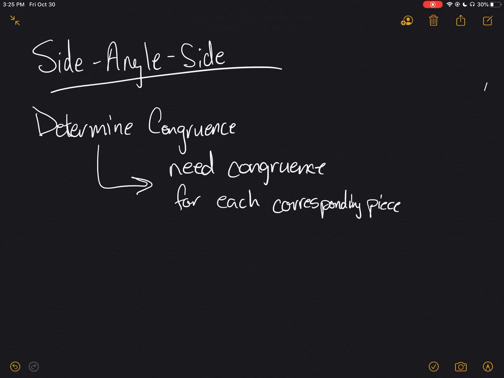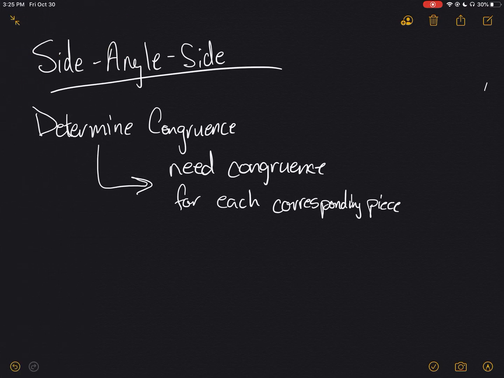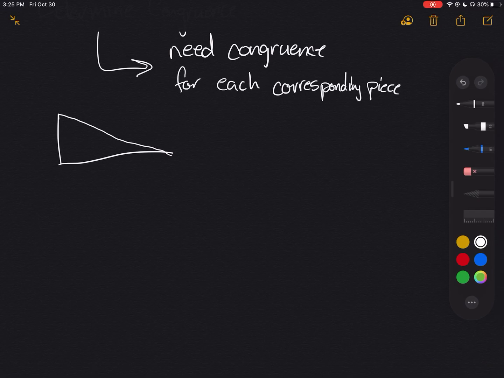corresponding piece. Now, the way that we talked about it was I need to prove each piece individually as congruent to each corresponding piece. So if I've got a triangle, that's a really bad triangle, but we're going to go with it, then each angle has to be congruent to a corresponding angle, and each side has to be congruent to a corresponding side.